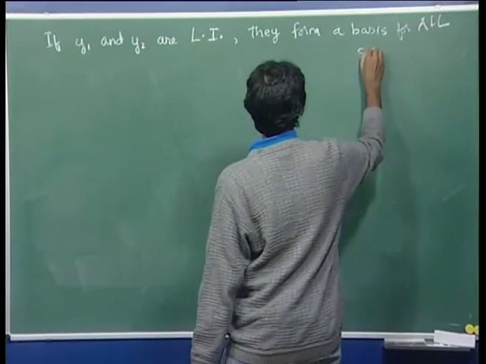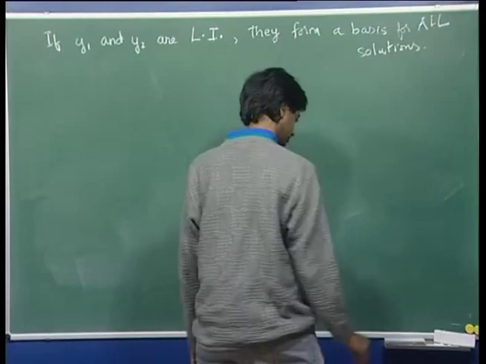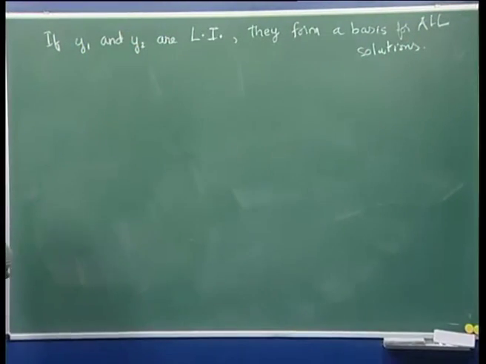Okay, so for all solutions, and I should say this with a little bit of caution, okay, because there might be some solutions that might not be expressible in this form.